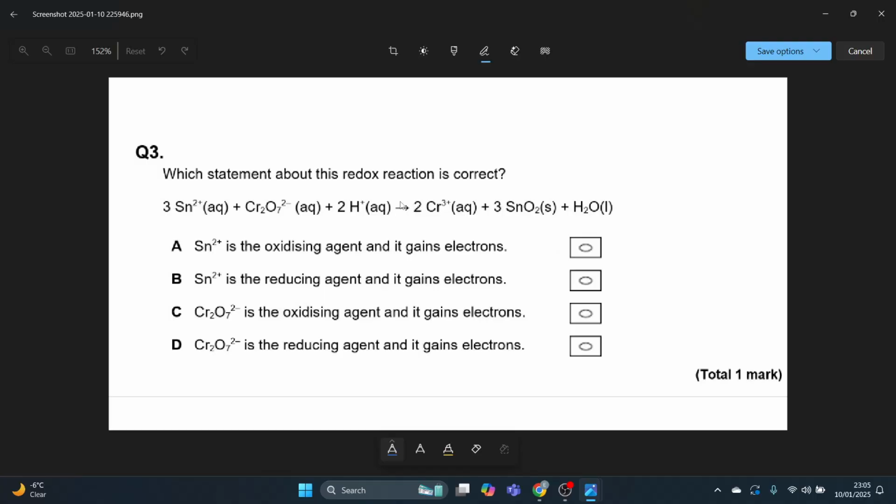Which statement about this redox reaction is correct? Sn2+ is the oxidizing agent and it gains electrons. Sn2+ goes from +2 to +4. Sn2+ loses the electrons.